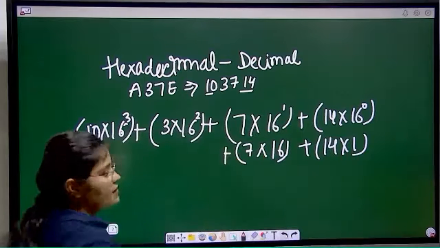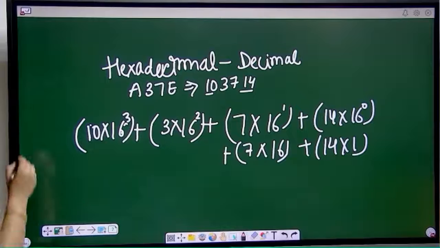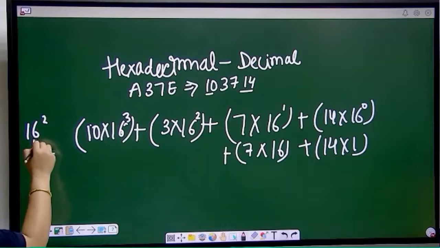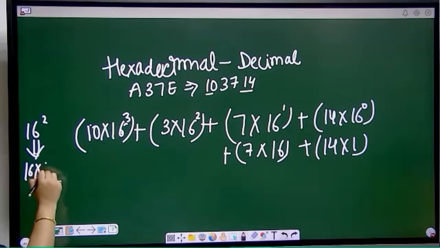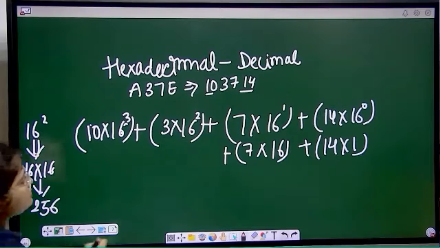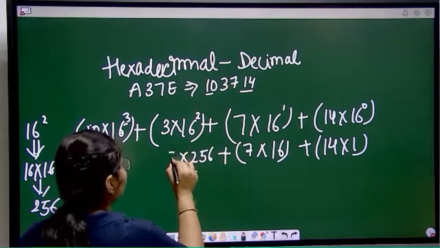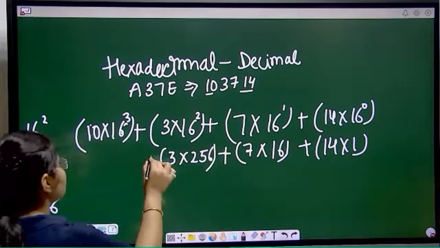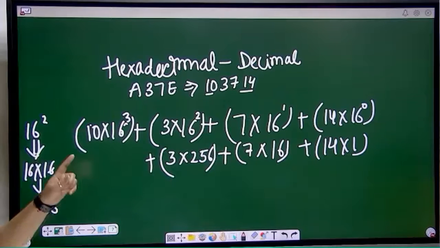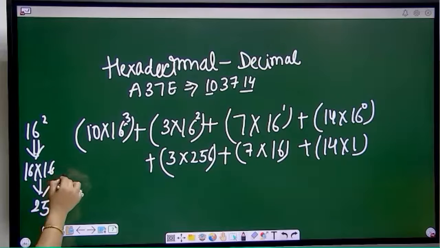Now 16 raised to power 2. How do you have to solve this one? 16 raised to power 2 will be 16 into 16. That will be 256. So we will write here 256 into 3 and last we are having 16 raised to power 3, means 16 into 16 into 16.